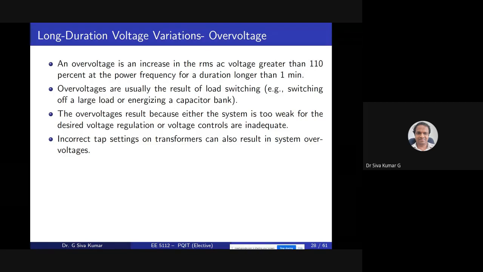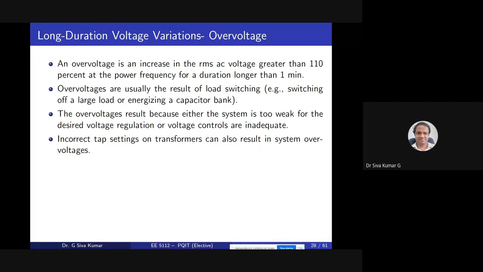And also they mention one more point, that the voltage controls are inadequate. That is, a tap setting kind of mechanism, or capacitors to isolate, are not providing enough control at the distribution level voltage.